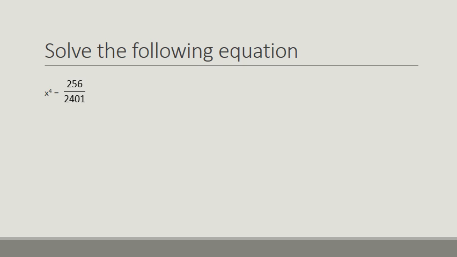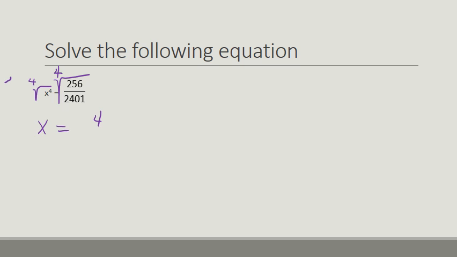Now we're going to solve the following equation. So I've got x to the 4th. So I'm going to take the 4th root of each of those. So the 4th root of 256 is 4. So x is going to equal 4.